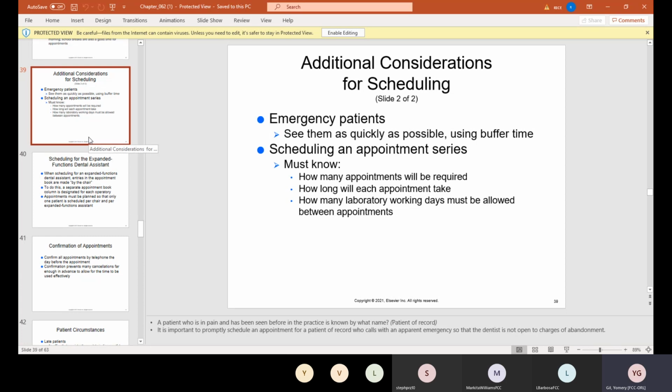We just can't stop seeing them to see the emergency. Sometimes, depending on how fast the assistants work, the emergency can be seen in 20 minutes. But if they came in during the middle of the day when it gets really busy, sometimes they'll be waiting 2 hours or more. It depends on the office.